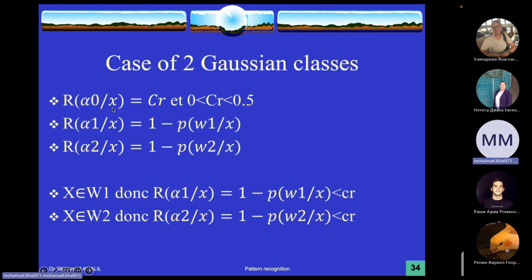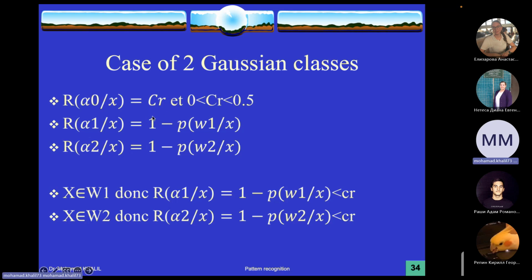Pay attention, I will use it in the lab. R alpha 0 is CR, and R alpha 1 is 1 minus P omega 1, R alpha 2 is 1 minus P omega 2, and so on. So X will belong to the minimum of R. In the programming, we will do that. We calculate R, and we will see where is the minimum. Okay, it's very, very easy.